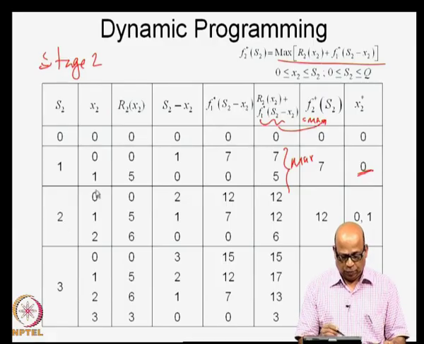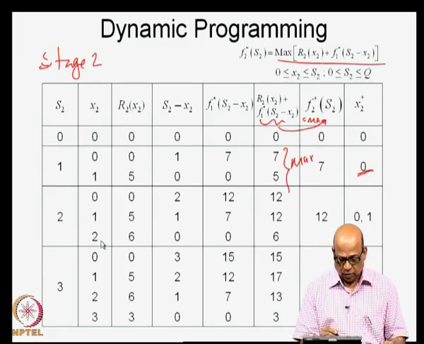You look at 2. If 2 is available, you can either allocate 0 or 1 or 2 to user number 2. If you allocate 0, you get a return of 0 from user 2. If you allocate 1, you get a return of 5 from user 2. If you allocate 2, you get a return of 2 from user 2.